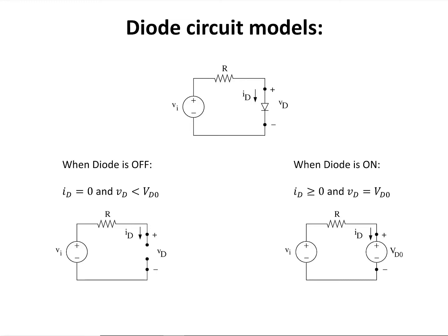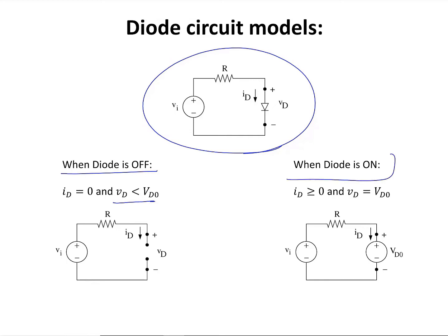For example, in the given circuit, when the diode is off, ID is going to be equal to 0, and the voltage across the diode, VD, is supposed to be less than VD naught. Now, we can replace the diode with its circuit model for the off state, which is an open circuit, and calculate VD, the voltage across the diode, and compare it with VD naught. If it is less than VD naught, then our assumption was correct and the diode is off.